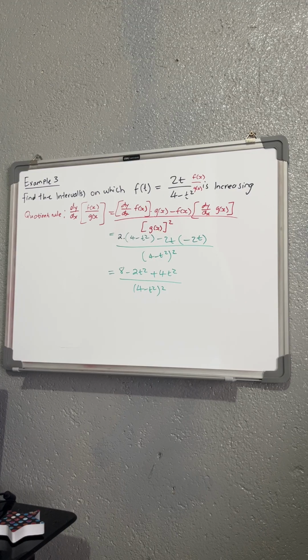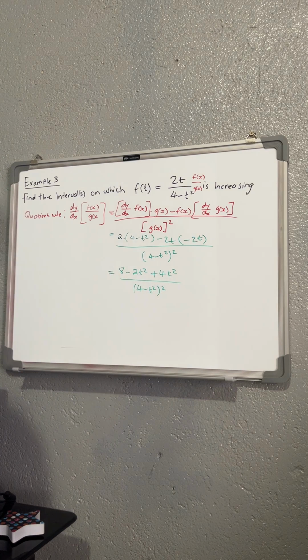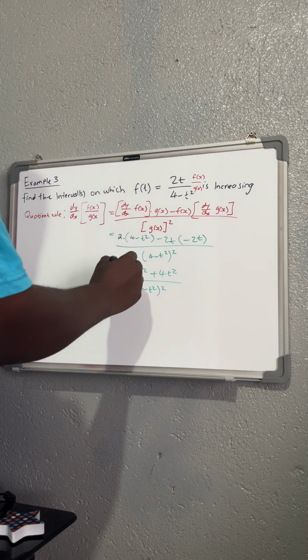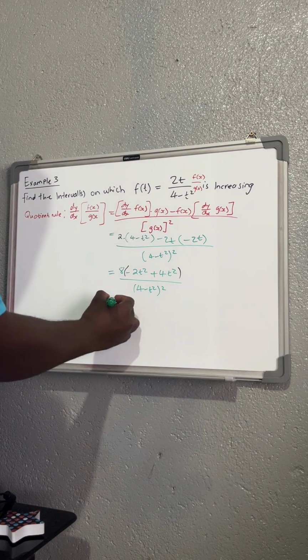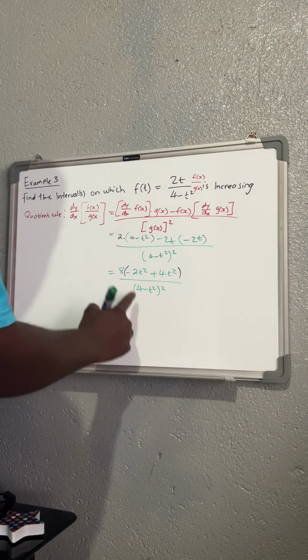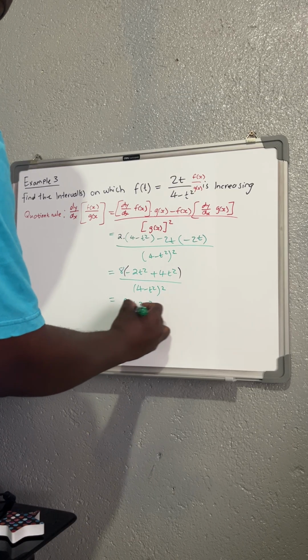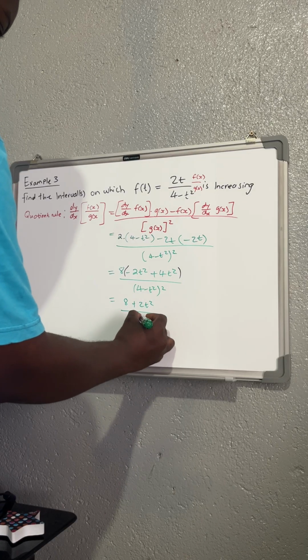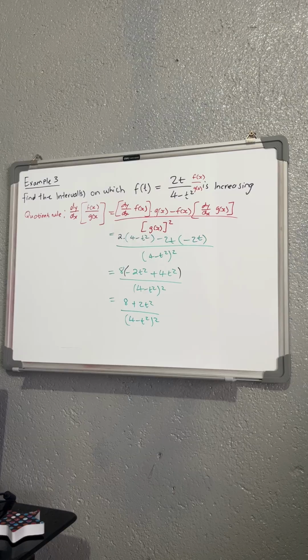So how are we going to regroup? We have minus 2t squared plus 4t squared. Those ones we can try to regroup together. So we'll see we have 8 minus 2t squared plus 4t squared, this will give us plus 2t squared over 4 minus t squared all squared.